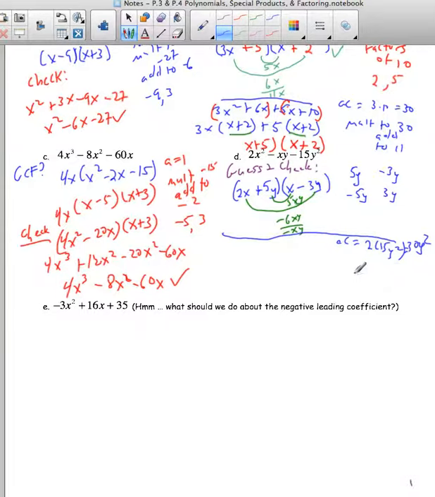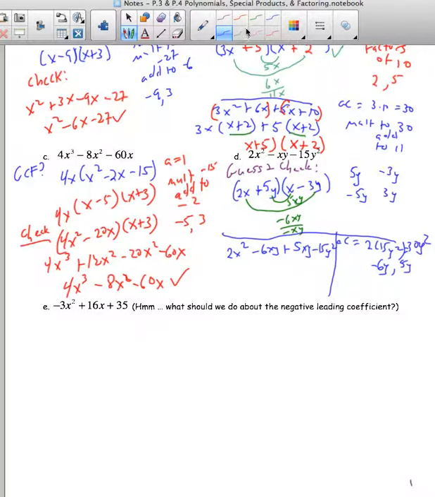That's what I need. So those numbers are negative 6y and positive 5y. So I'm going to use that to split the negative xy into two terms. So 2x squared minus 6xy plus 5xy minus 15y squared.